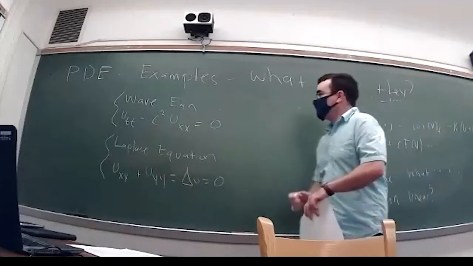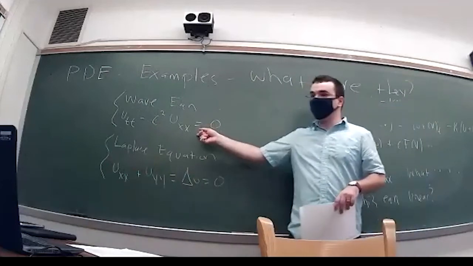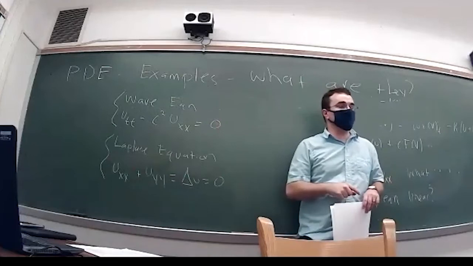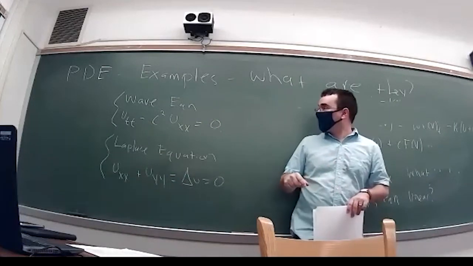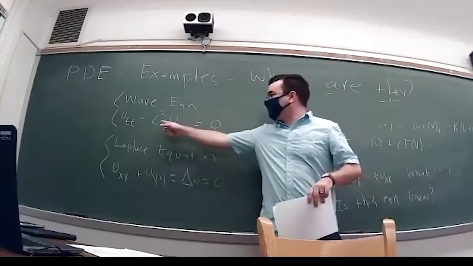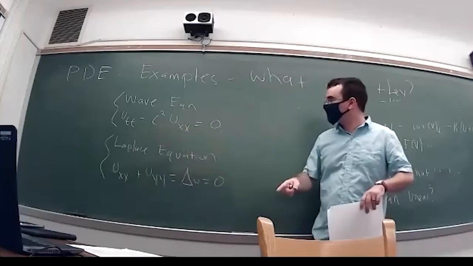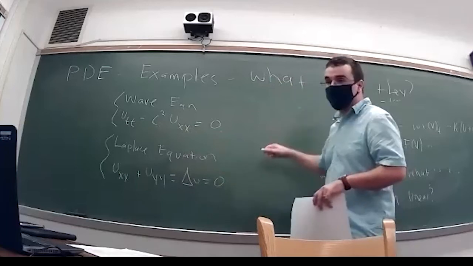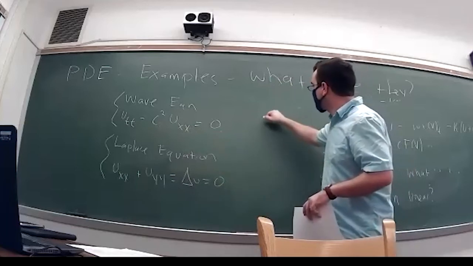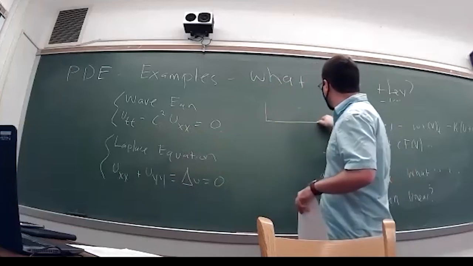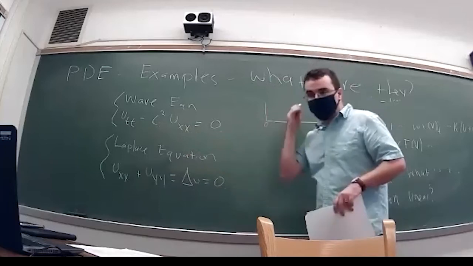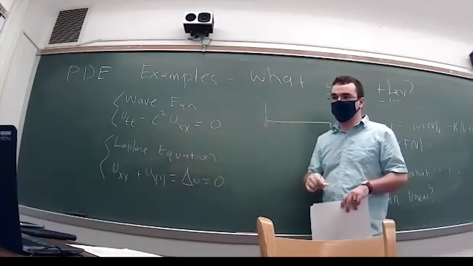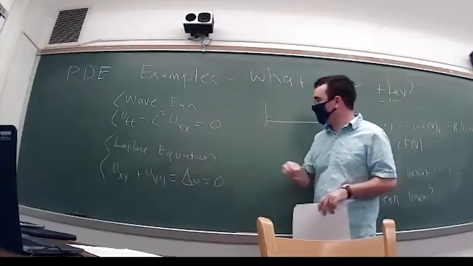As you're going to kind of expect, the wave equation describes the motion of a wave or vibrating string that's traveling at speed c. And so here's a model. You might consider a guitar string or a plucked string in the following initial state.